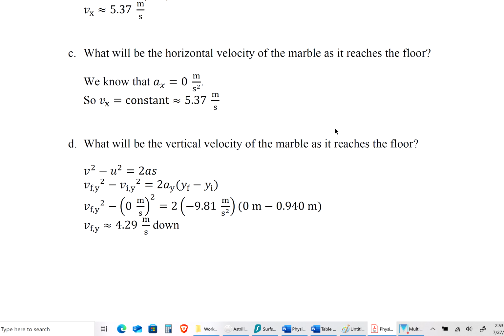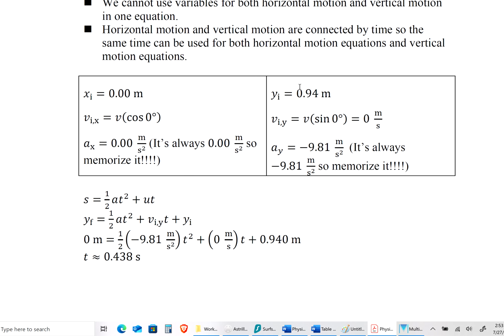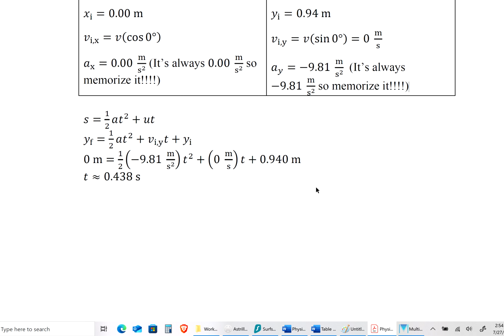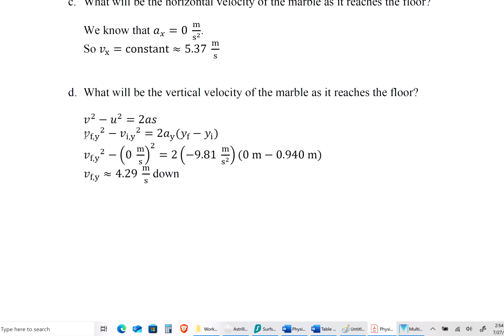Part D, what would be the vertical velocity of the marble as it reaches the floor? We're going to use this equation here, and it says vertical velocity. So we're only going to look at vertical variables here. We're not going to look at horizontal variables. V final we don't know.